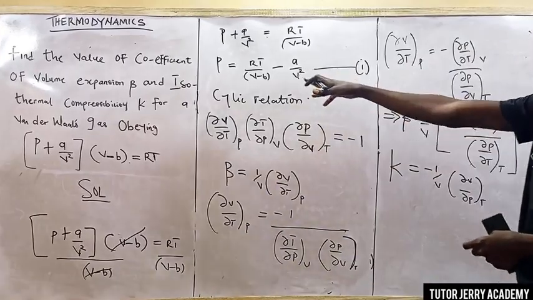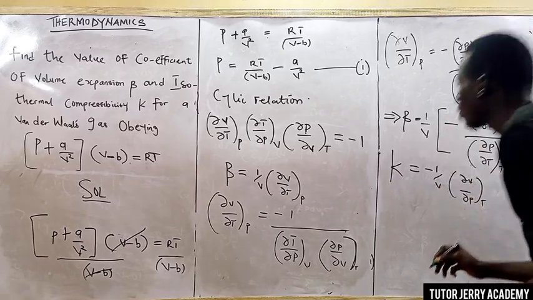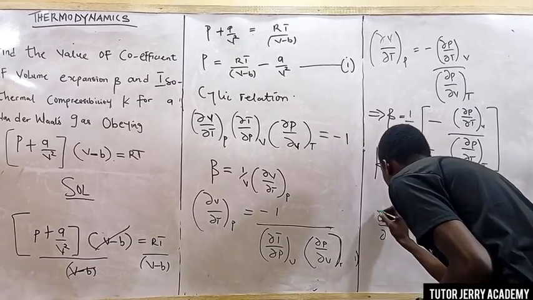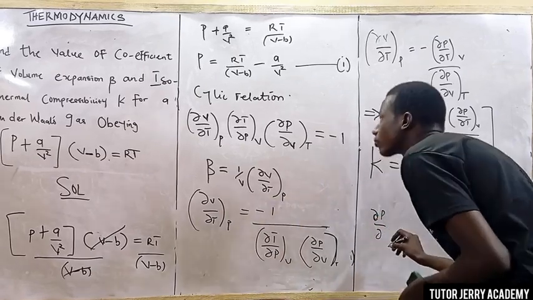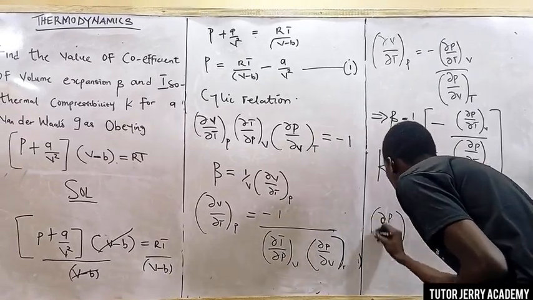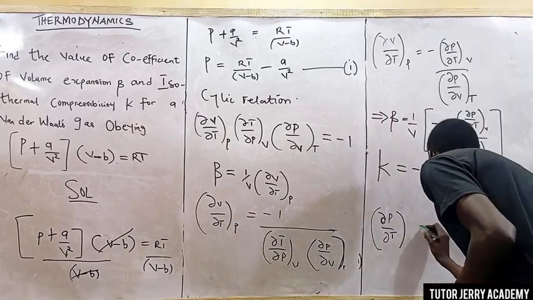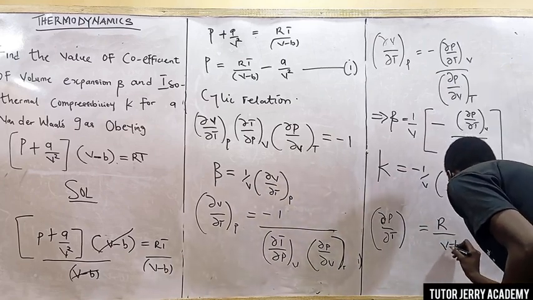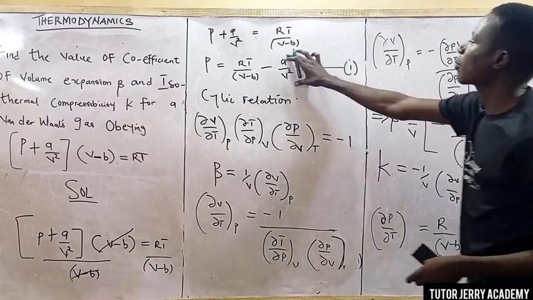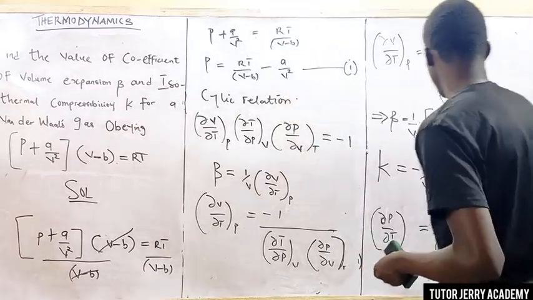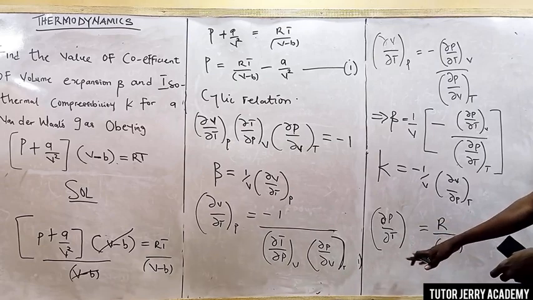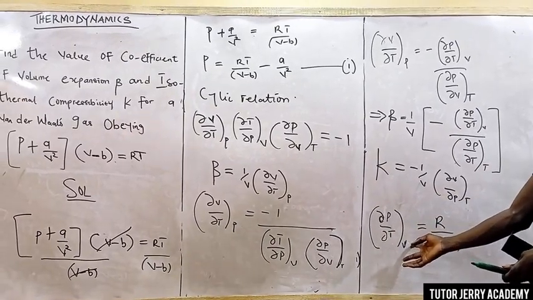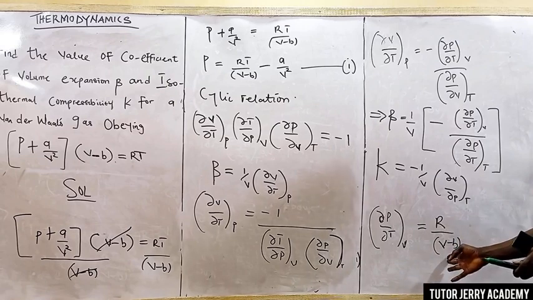Differentiating equation 1 with respect to T, the partial of P over T at this point will be equal to R over V minus B. The other term now becomes a constant and is equal to 0. So the partial of P over T, keeping V constant, is equal to R over V minus B.